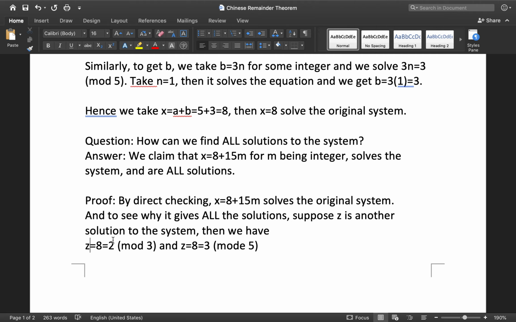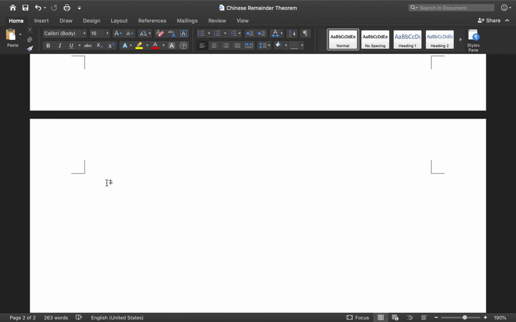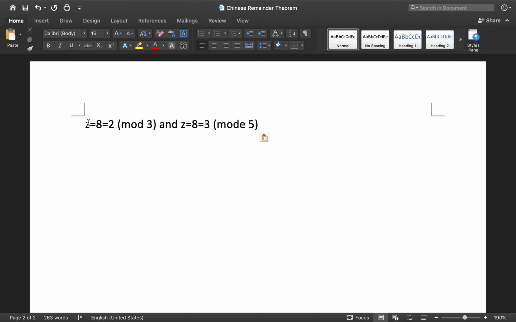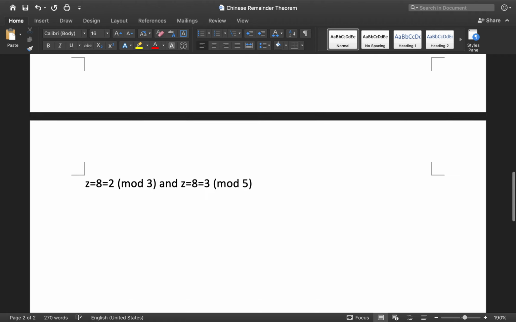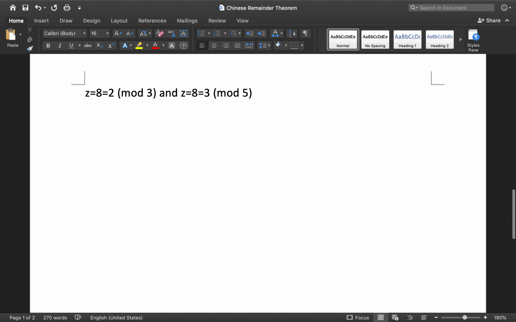Anyway, let me copy this and move on to the next page. This is what we got, because remember we assume that z is a solution, so it must be congruent to 2 modulo 3 and congruent to 3 modulo 5. That is the definition of being a solution.